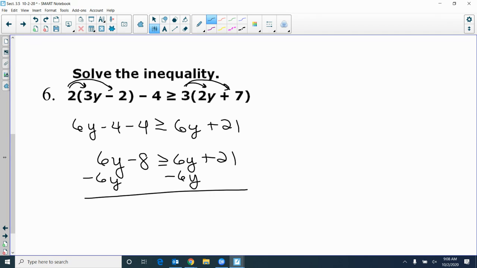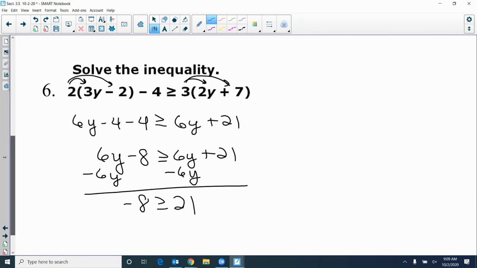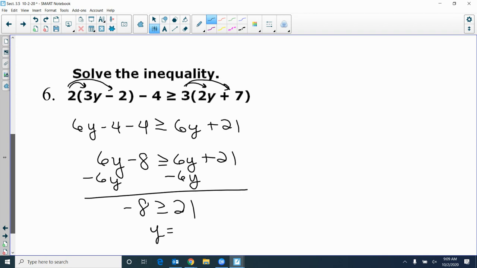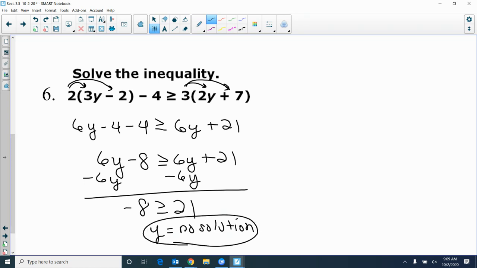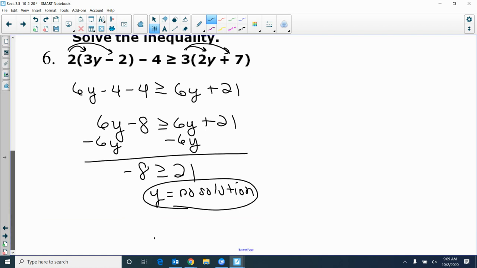Negative 8 is greater than or equal to 21. Good. Now, is negative 8 bigger than 21? Is it equal to 21? No, even I know that. No solution. Okay, no solution. So then we're good.